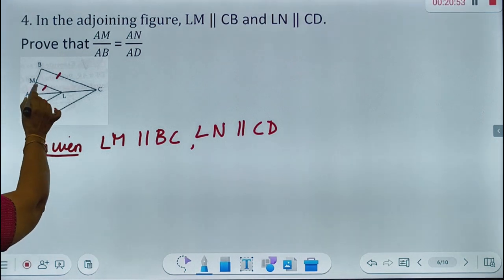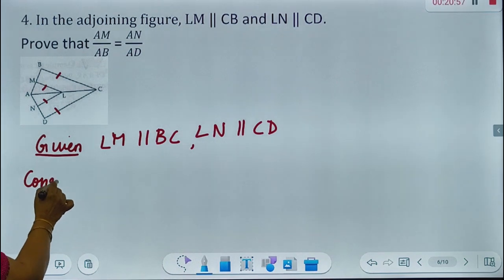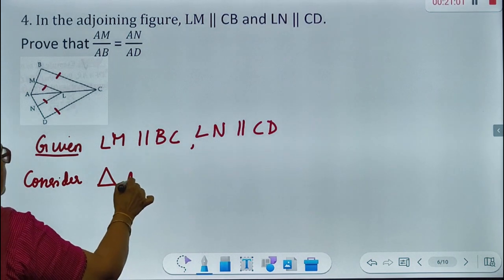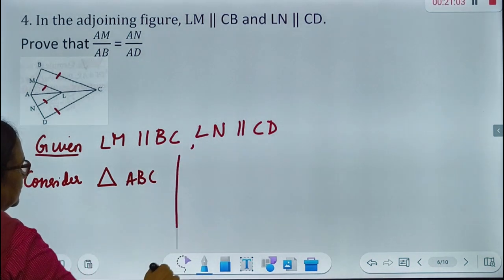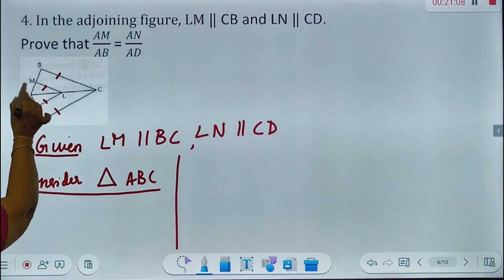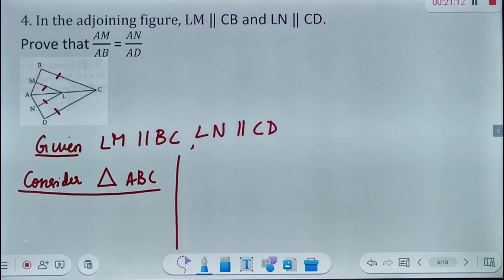Now, if this is parallel to this, consider triangle ABC. Let us consider triangle ABC. Now, this is parallel to this. Therefore, these two sides will be divided in the same ratio, right?